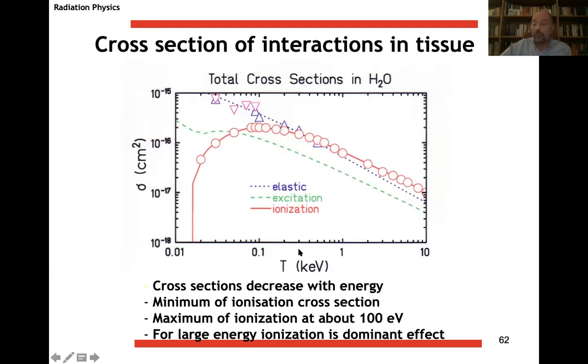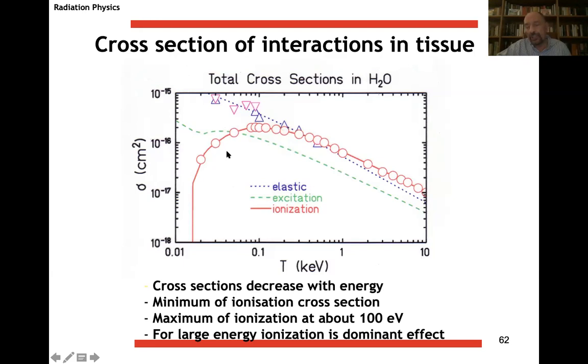And this one goes up, you see, to 10 kilo electron volt, which is generally, even for heavier ions, we will see that most of the electrons are produced in this energy range. This is the energy which is released in every interaction. Even if the initial particle has a very high energy, the release in the individual impact will be in this energy range.